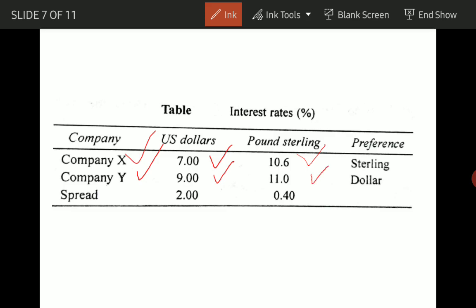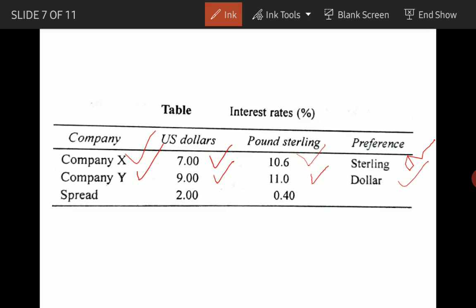But it can get a loan only in the pound sterling market, it cannot get one in the US dollar market. So company X wants a loan in the pound sterling market, company Y wants a loan in the US dollar market, but they cannot. Company X will borrow from the US dollar market, company Y will borrow from the pound sterling market, and use the swap.